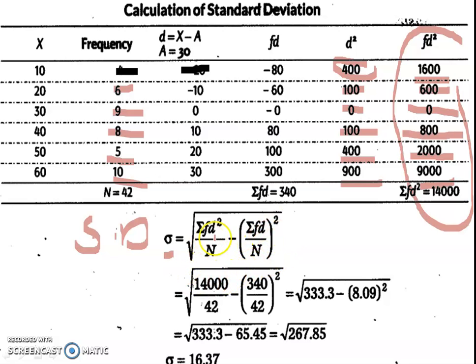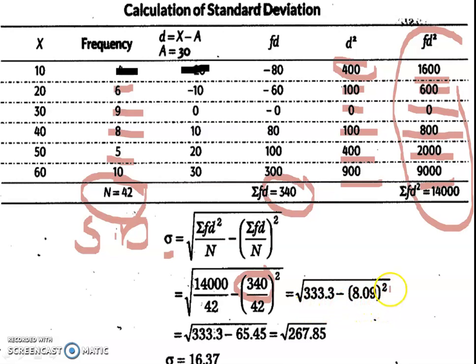Summation f d square is 14,000 divided by n, where n is the grand total of the frequency, 42. Summation f d is 340, over 42, whole bracket squared. 14,000 divided by 42 is 333.3. 340 divided by 42 is 8.09, whole bracket squared.